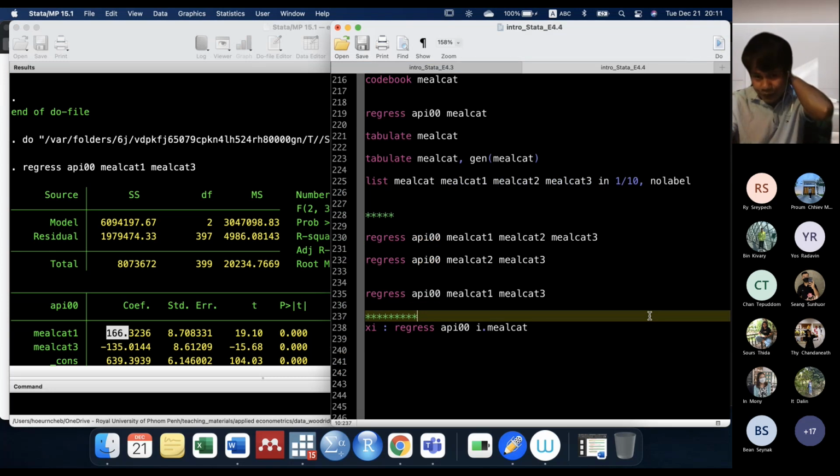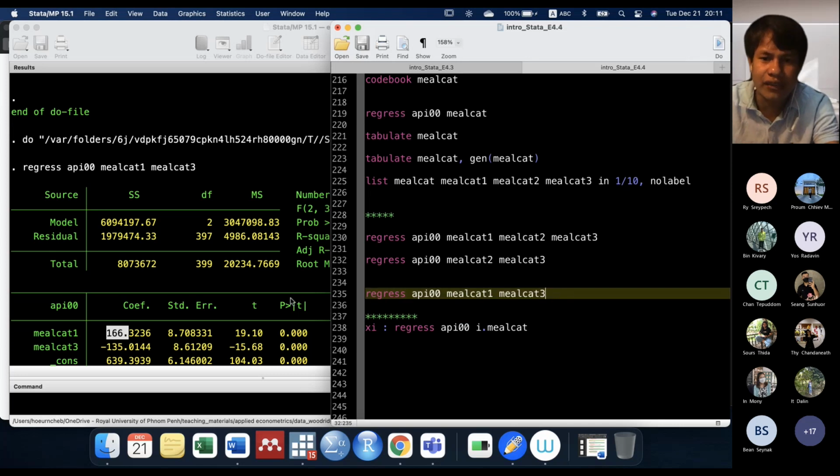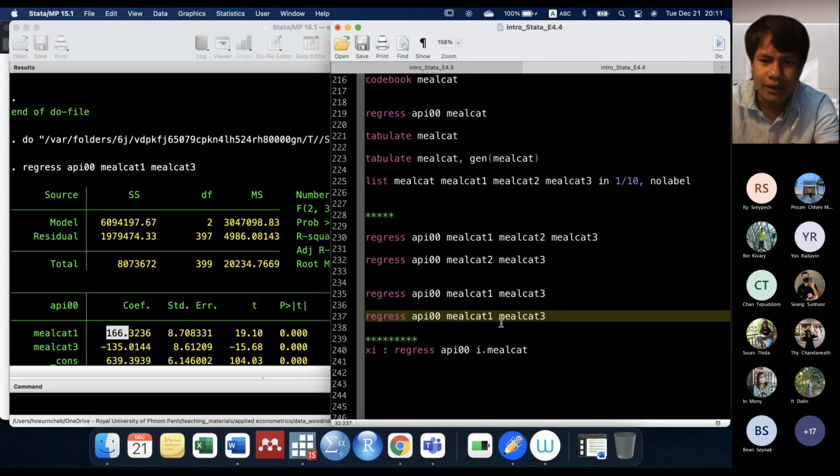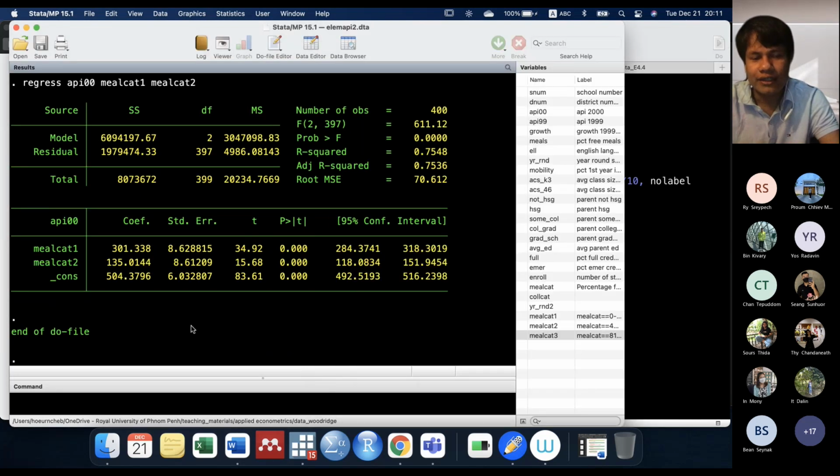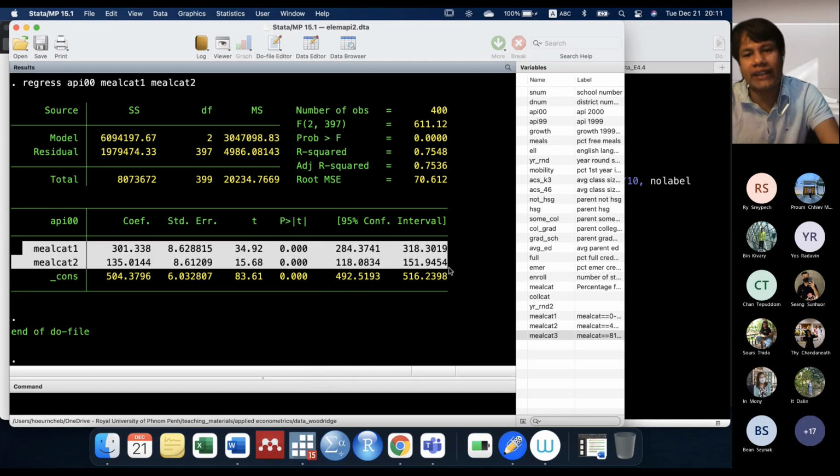Following me? Now, what if I change my base category to meerkat 3? I use meerkat 1 and meerkat 2. If that is the case, you see, the coefficients we obtain now are all positive. Why? Because we compare school category 1 and school category 2 to school category 3, and category 3 is worse off compared to categories 1 and 2.